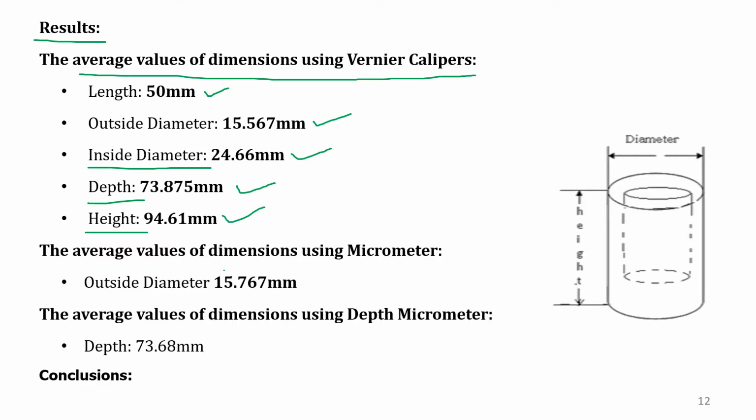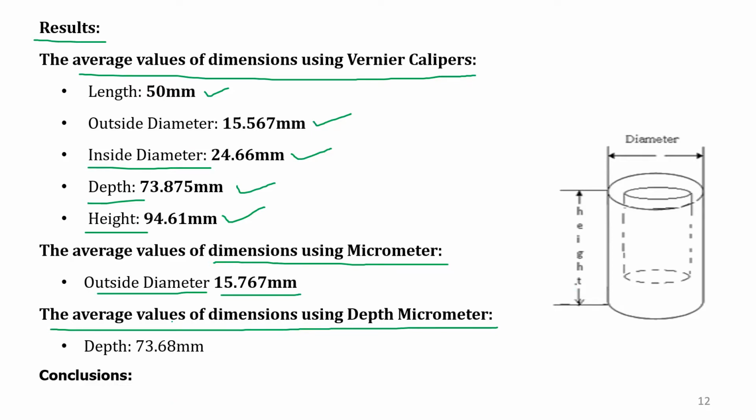And the average values of dimensions using a micrometer: the outside micrometer, which we use for measuring the outside diameter of the workpiece, gives 15.767 mm. And using the depth micrometer, the depth is 73.68 mm.